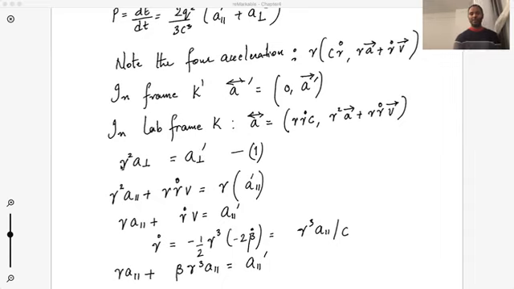On one hand, you just get A perpendicular prime, and on the other side, you basically just have gamma square times A perpendicular, and this quantity goes to 0. If you only look at an axis which is perpendicular to velocity, there's no contribution from this quantity. You just get gamma square times A. So gamma square times A perpendicular is A perpendicular prime, right?